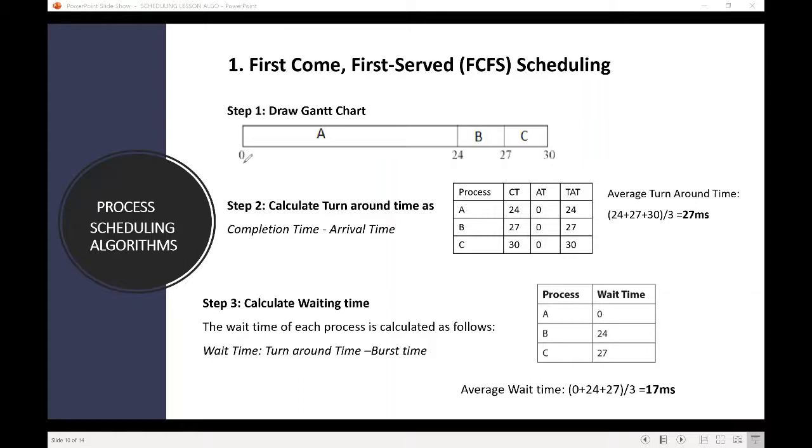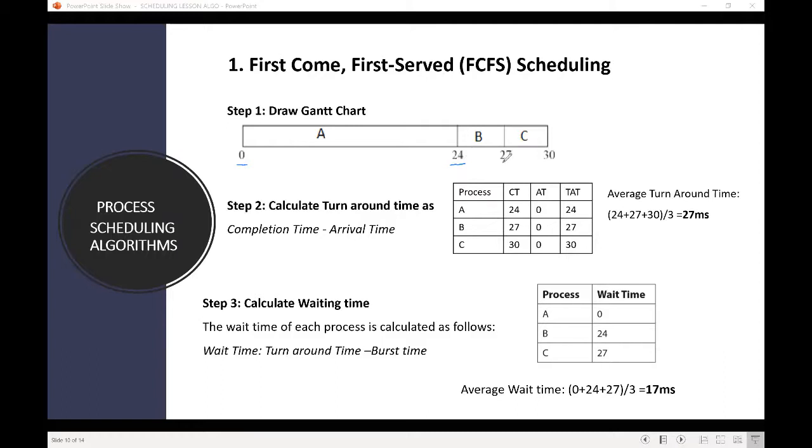Now, at 0 milliseconds, process A started, and it's going to use 24 milliseconds, which means at 24 milliseconds, when it completes, process B will begin. Process B will spend 3 milliseconds in the execution, which means process B will complete at 27 milliseconds.